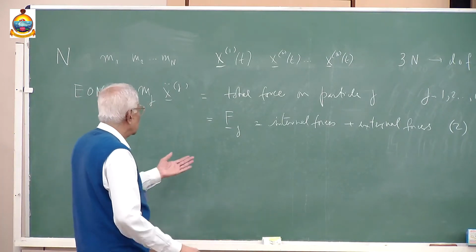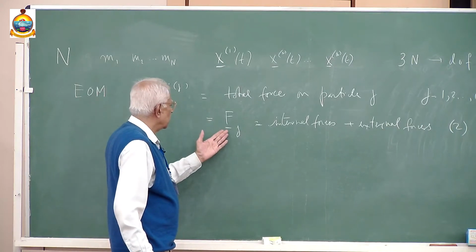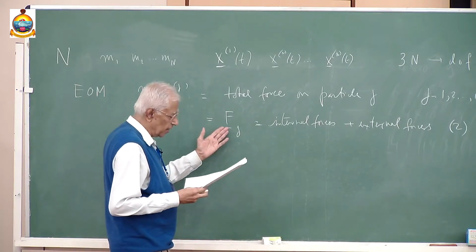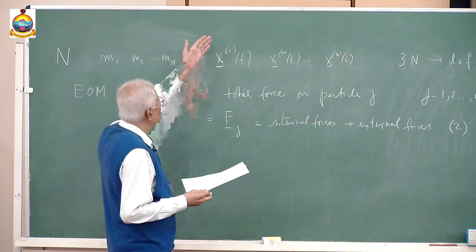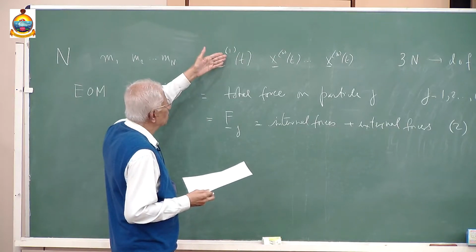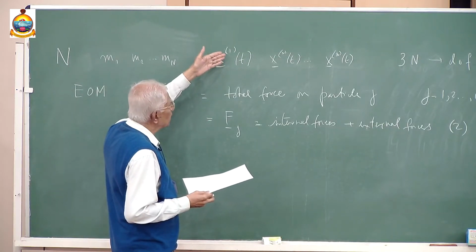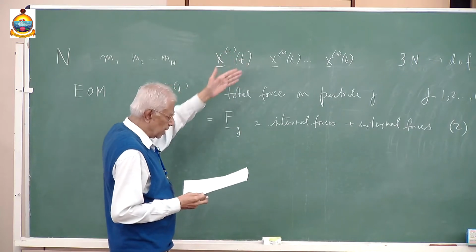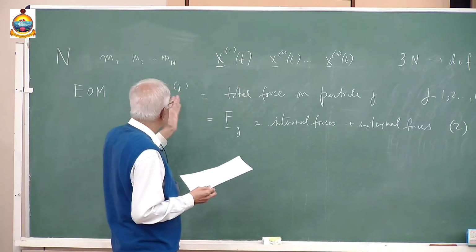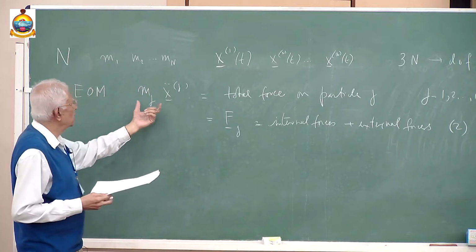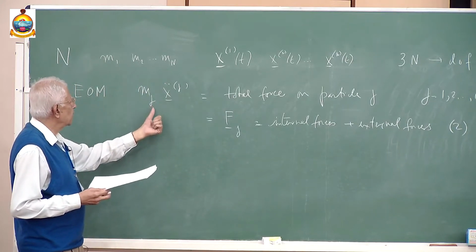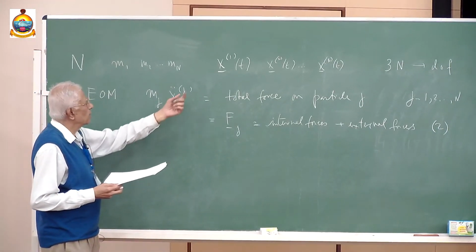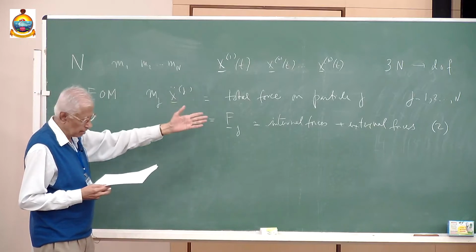So if one knows the functional forms of these F_j in terms of the instantaneous positions and instantaneous velocities, then this is a system of ordinary differential equations, exactly 3N in number, one for each degree of freedom.